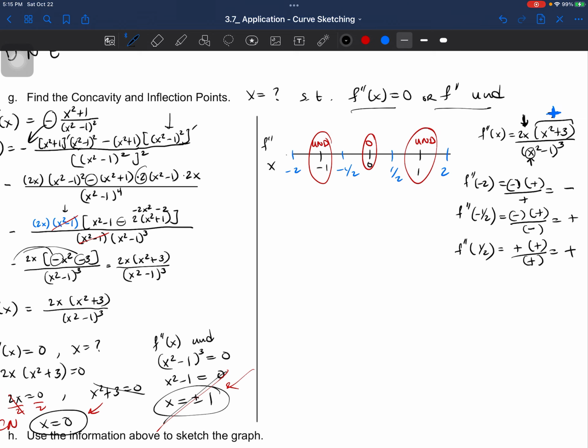And then same thing with the 1/2. It's going to be a positive. Second derivative for positive 2: positive, positive, positive equals positive.